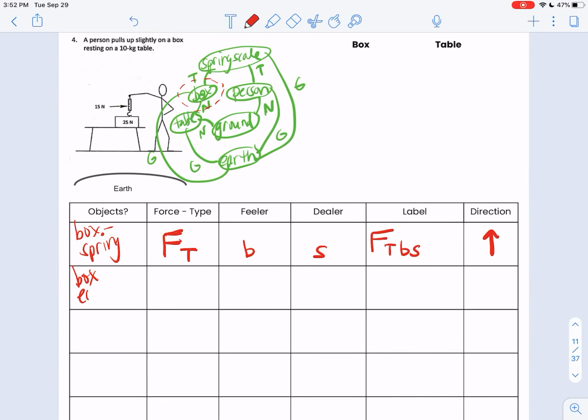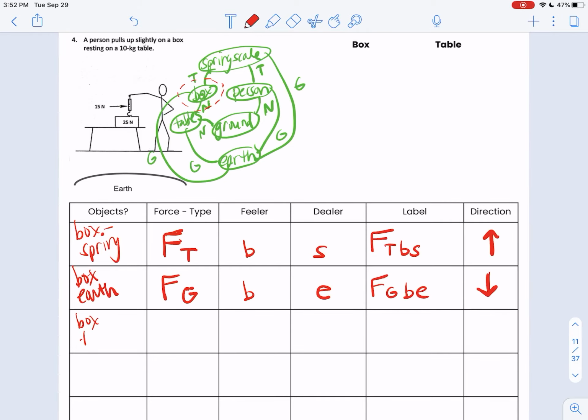Let's see what else is interacting with the box. We have the box and the earth, which is a force of gravity. That's a gravitational interaction between the box and the earth, on the box from the earth, because the earth is the dealer of the gravitational force. Don't put gravity; we're going to learn a different thing to put in a minute, but not yet. So it's force of gravity on the box from the earth, and that's downward.